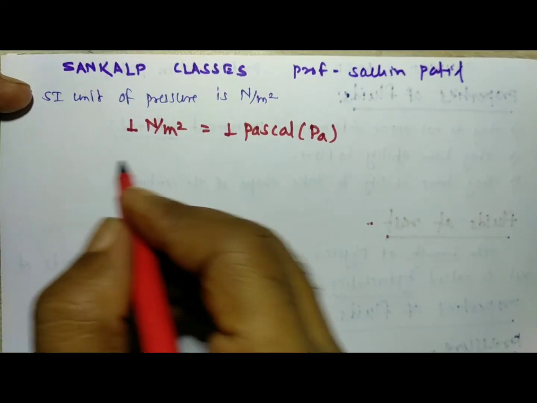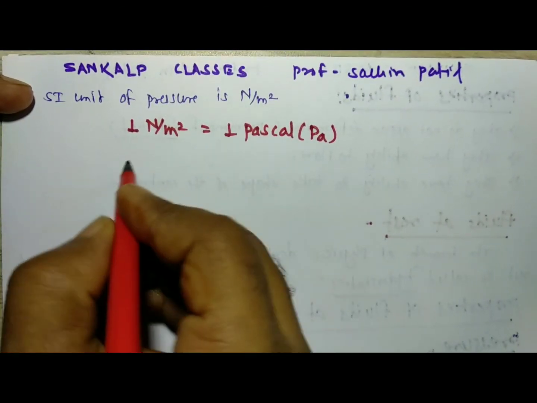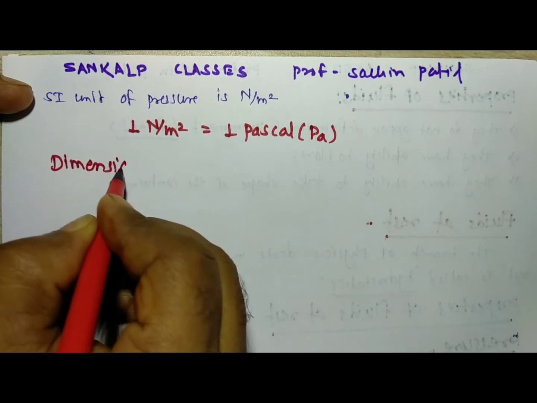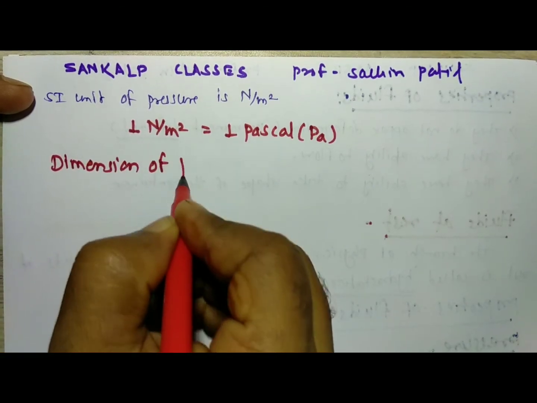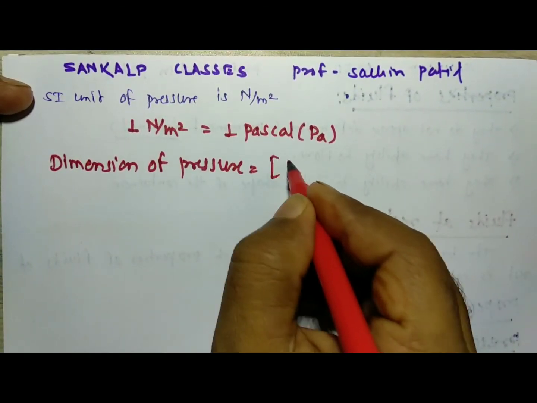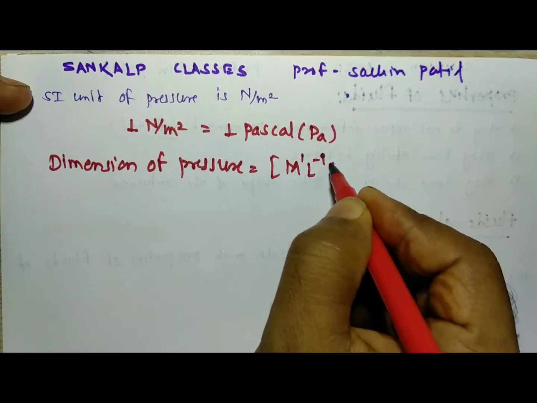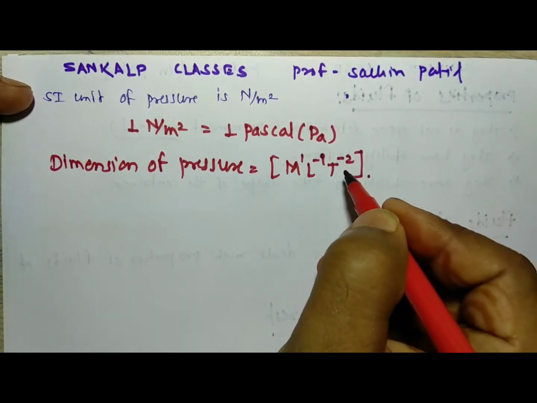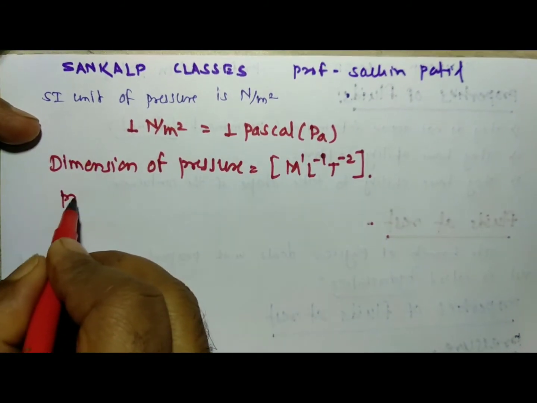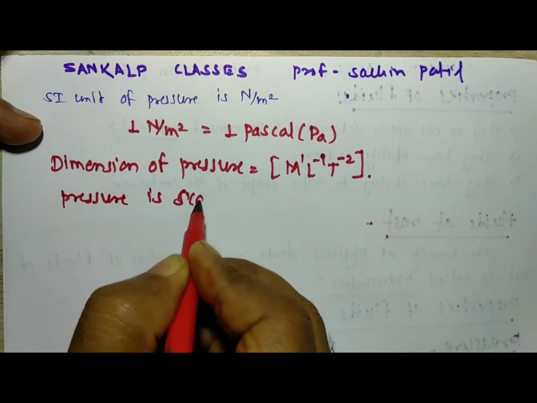And therefore 1 Newton per meter square is equal to 1 Pascal. And the dimension of pressure is M raised to 1, L raised to minus 1 and T raised to minus 2. And pressure is a scalar quantity.